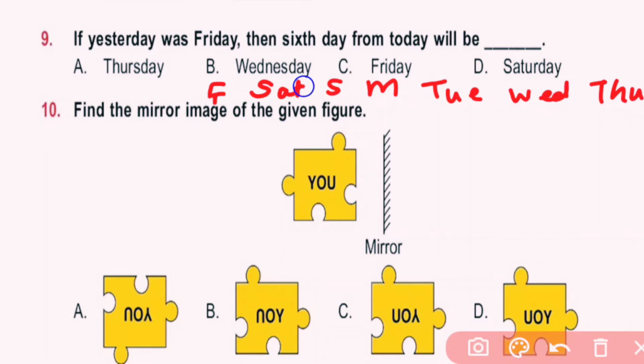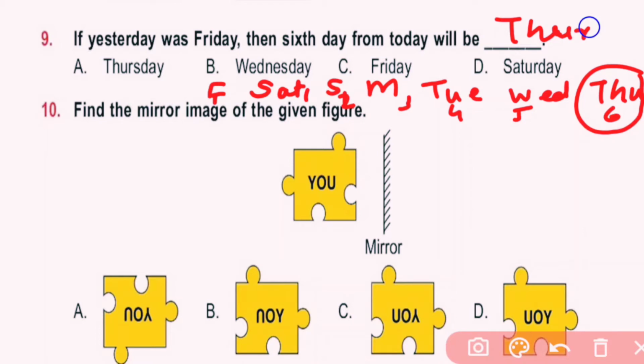Today is Saturday and 6 from today is 1, 2, 3, 4, 5 and 6, Thursday. 6th day from today will be Thursday. So A is the right answer.